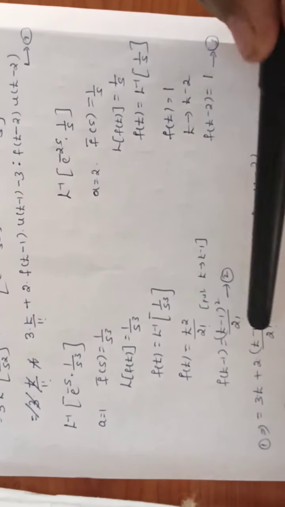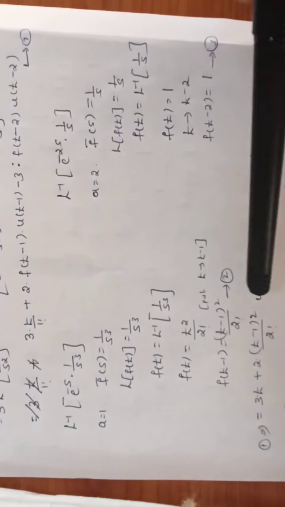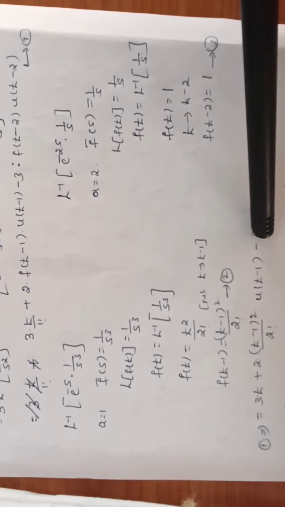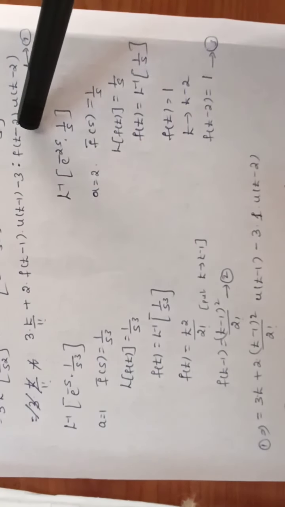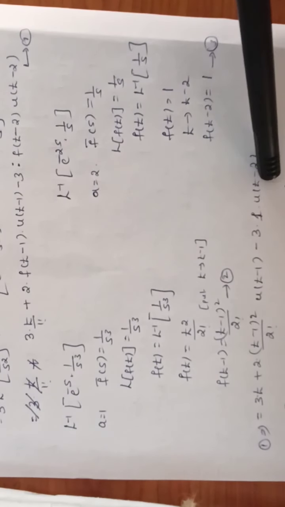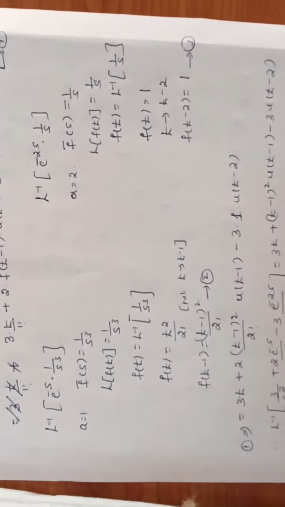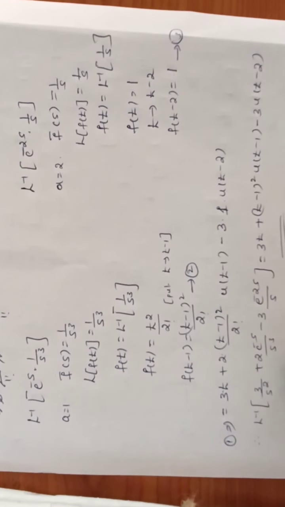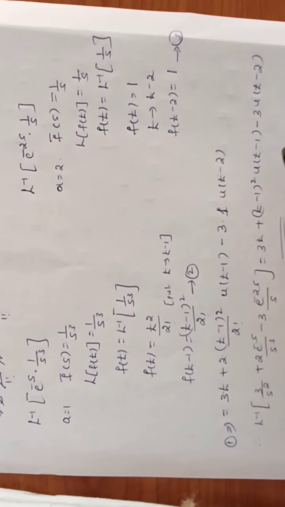So let us substitute in the place of f of t minus 1, and u of t minus 1 will be as it is, minus 3 into f of t minus 2, whose value is given by 1, and u of t minus 2 will be as it is. Therefore, the required inverse Laplace transform of the given function is given by 3t plus t minus 1 the whole square into u of t minus 1 minus 3 into u of t minus 2.